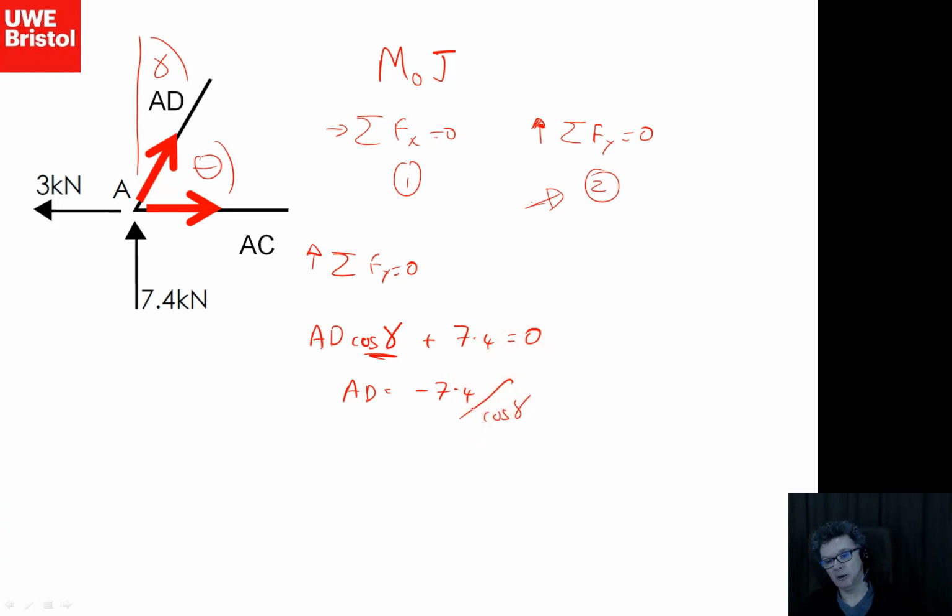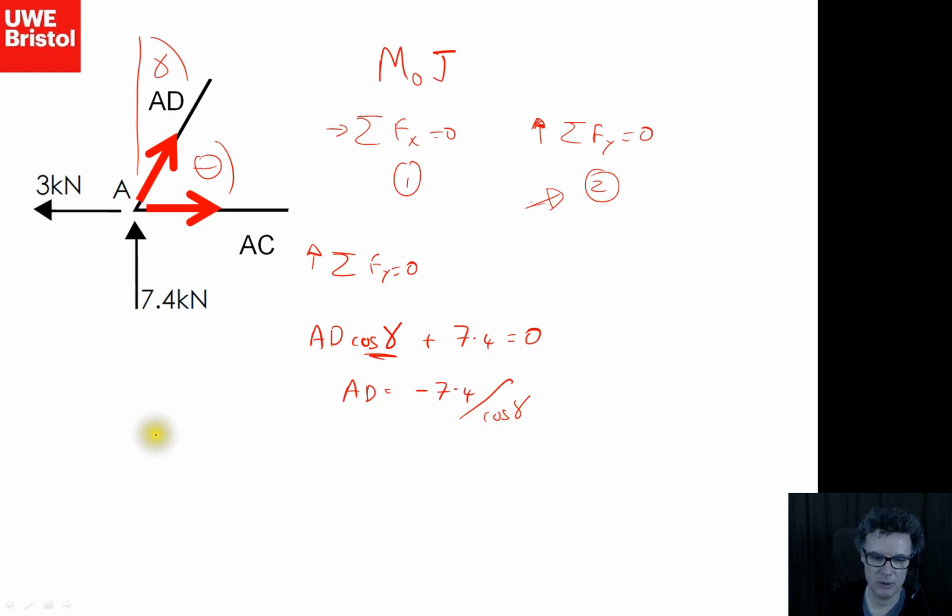Now I don't really know what those angles are, but this result is telling me something interesting straight away, because I know that cos gamma is going to be somewhere between 0 and 1. So it's going to be a positive number, and so it's telling me that AD is a member that's in compression. That's even without working out what cos gamma is.